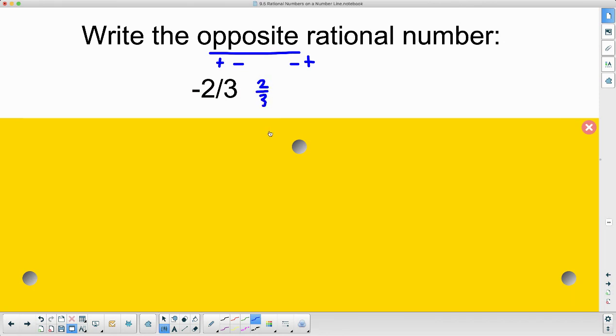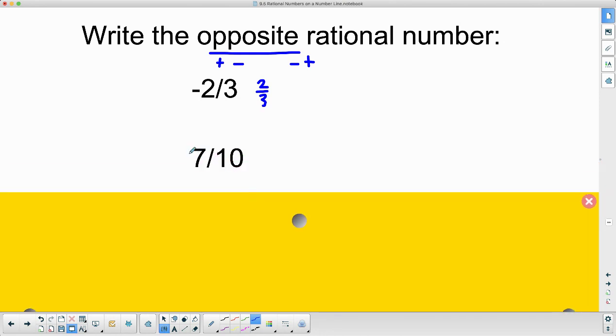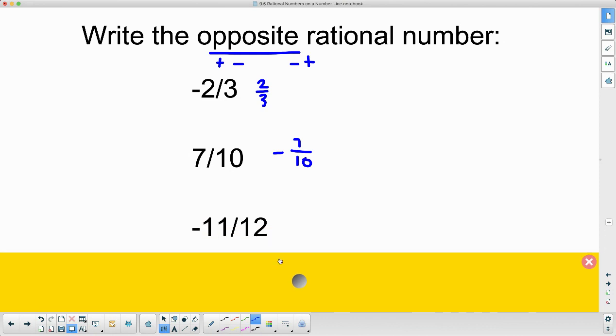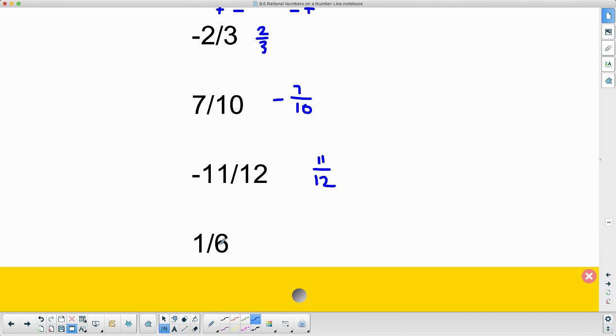When we're writing a positive number, we do not need to include the positive plus sign. The opposite of positive 7/10 is negative 7/10. The opposite of negative 11/12 becomes positive 11/12. All we're doing is taking them and making them opposite, positive or negative.